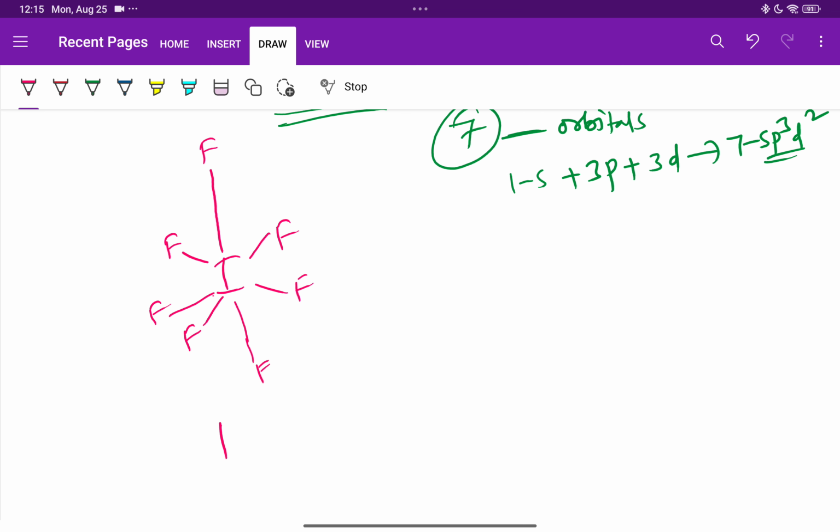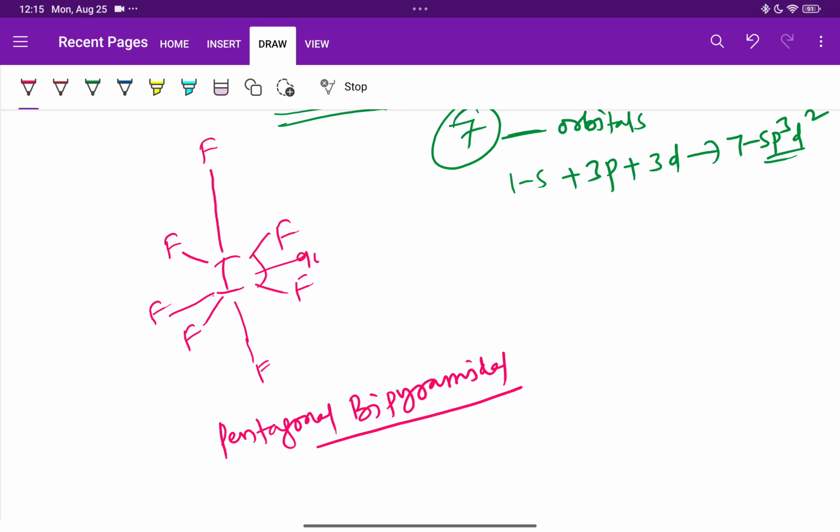It is called pentagonal bipyramidal shape, and here the bond angle is 90 and here the bond angle is 72. So you need to remember in IF7, 2 axial fluorines are there and 5 equatorial fluorines are there.